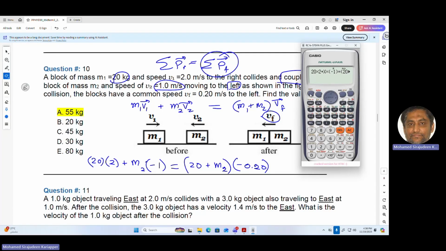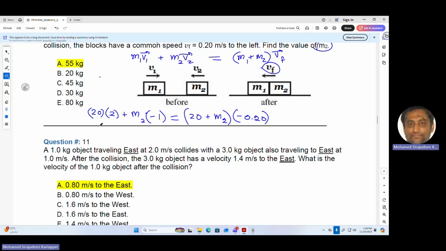Once you are confident, you check it again, then shift calc. This is the answer, but actually it is not the answer because I did the same thing for my previous class, so that's why it is there. You really have to press this equal button again. That is it. So let's go to the next question.